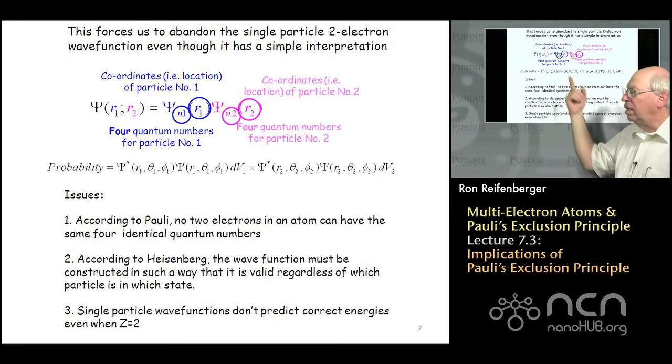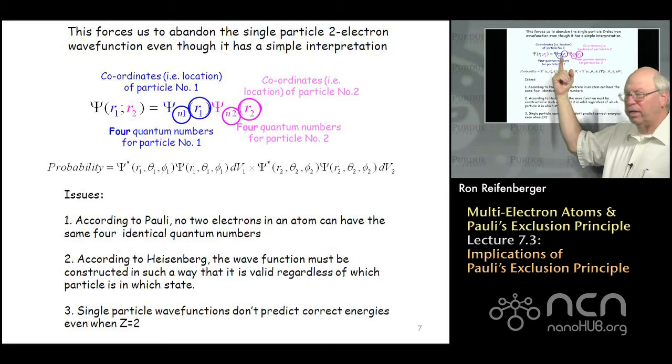So this is a hypothetical two-particle wave function. It involves quantum numbers for electron 1, and it also provides the position or coordinate R1 for electron 1. It also provides the quantum number for electron 2 and the coordinate or position for electron 2.